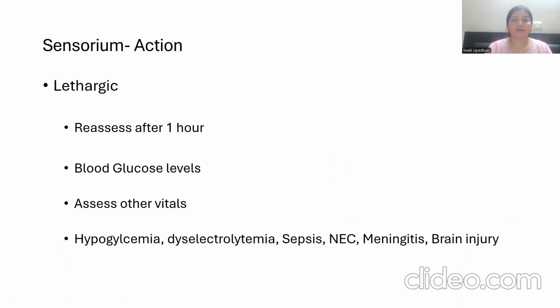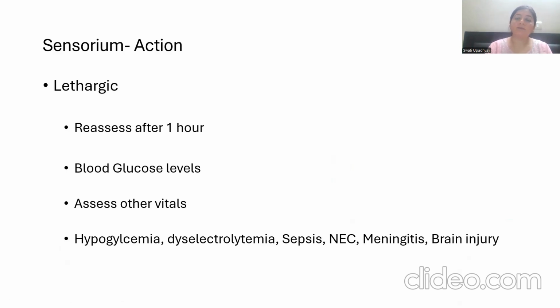If the baby's sugar is less than 45 mg per deciliter, you give dextrose 10% 2 ml per kg, followed by a dextrose infusion at glucose infusion rate of 6 mg per kg per minute. At the same time, assess other parameters of STOPS like oxygenation, perfusion, and temperature, and also the sugars.